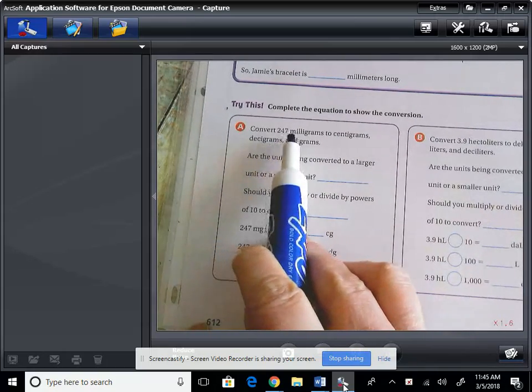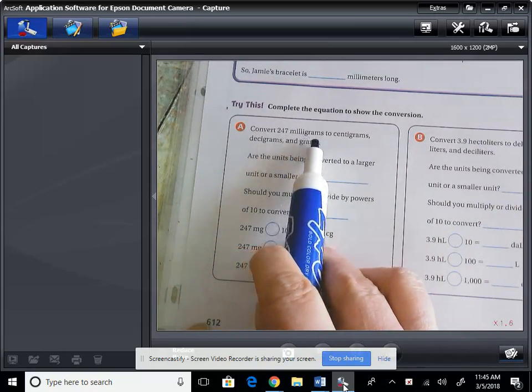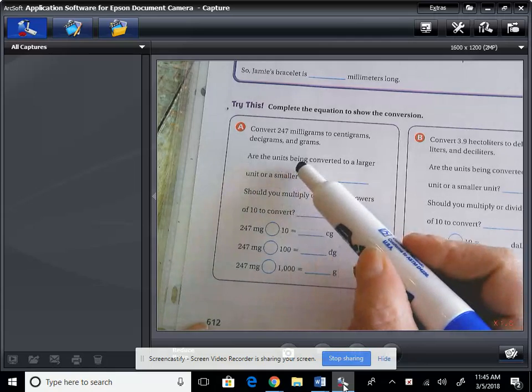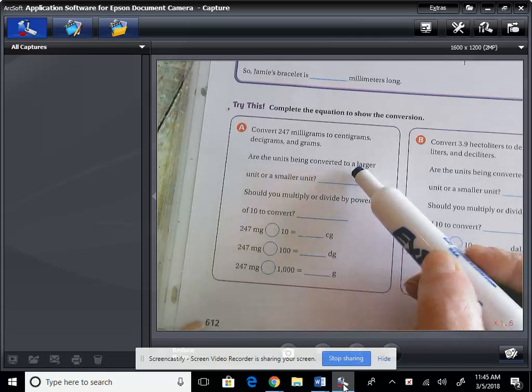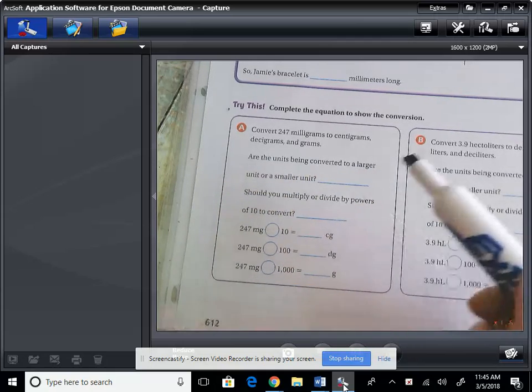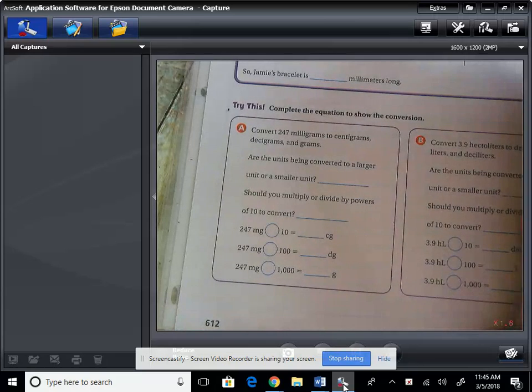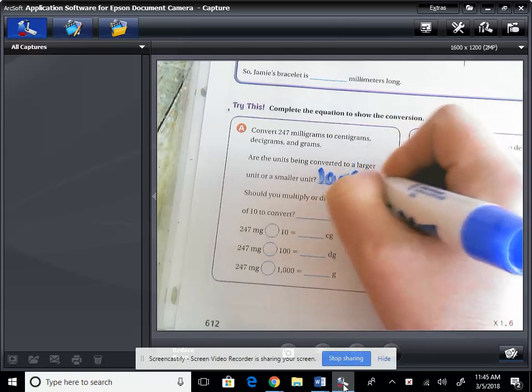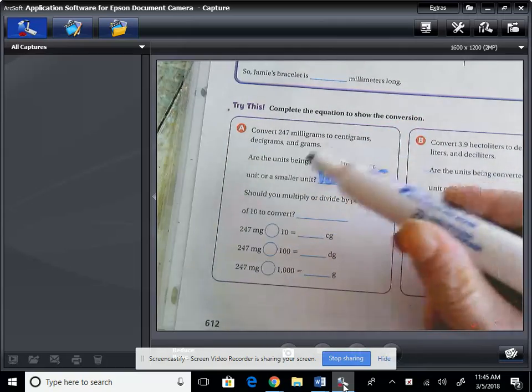Convert 247 milligrams to centigrams, decigrams, and grams. Okay. Are the units being converted to a larger unit or a smaller unit? Well, we started at milli and we're going to convert to a larger unit. So what are we going to do?